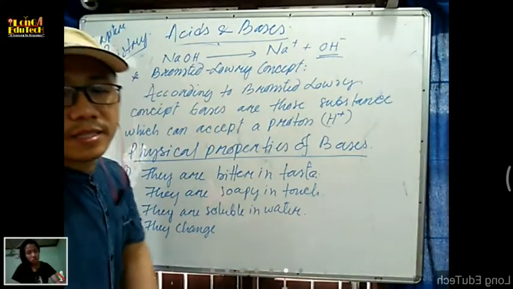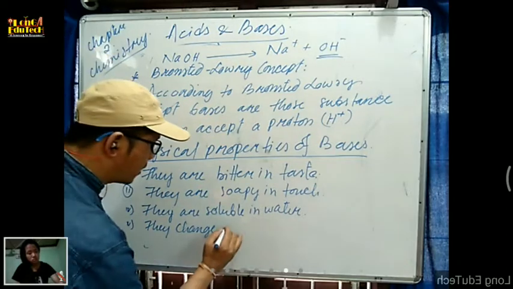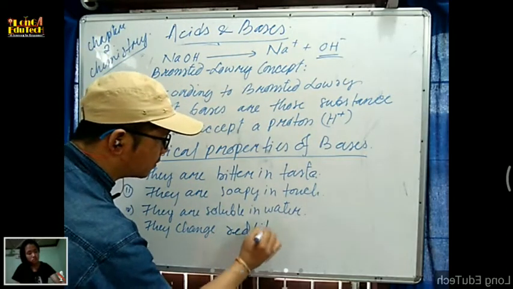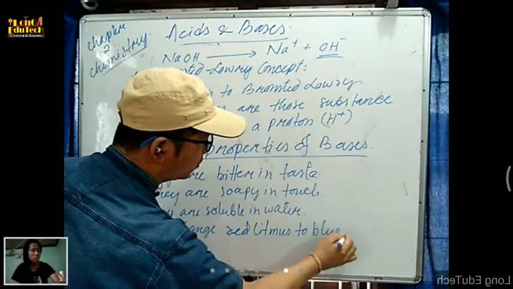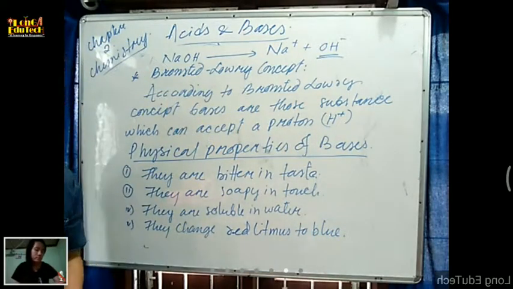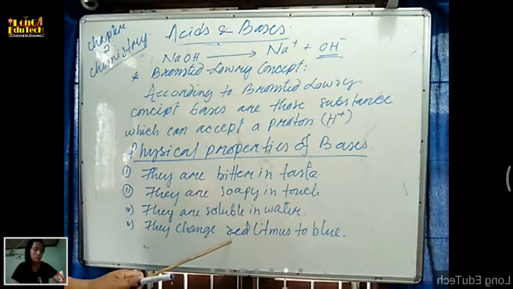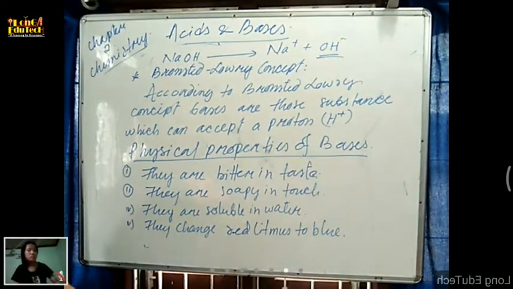So in this case, what will come here? They change the red litmus to blue. Okay, what will it change? They will change the red litmus to blue. Okay, and what else can we give here?